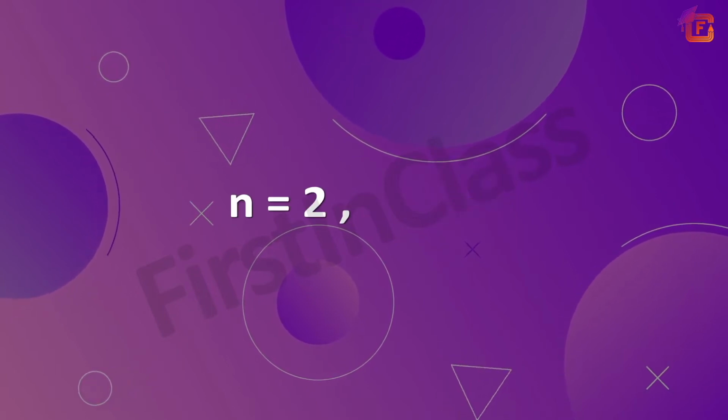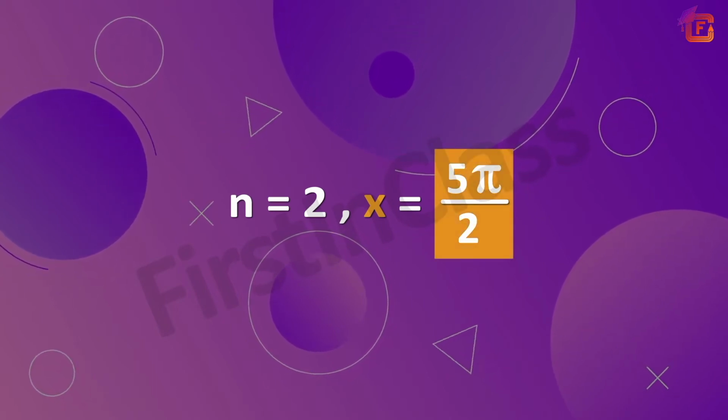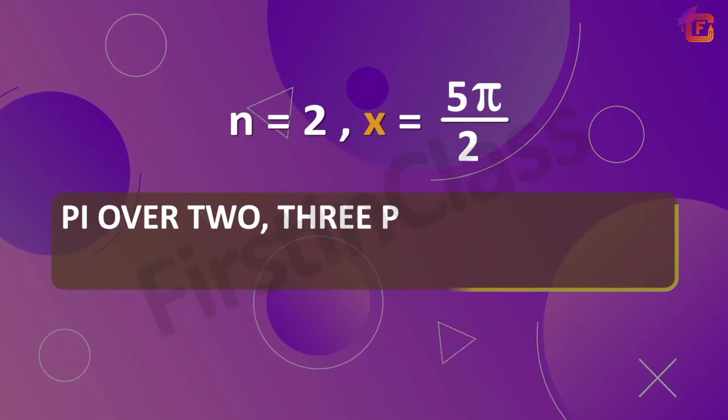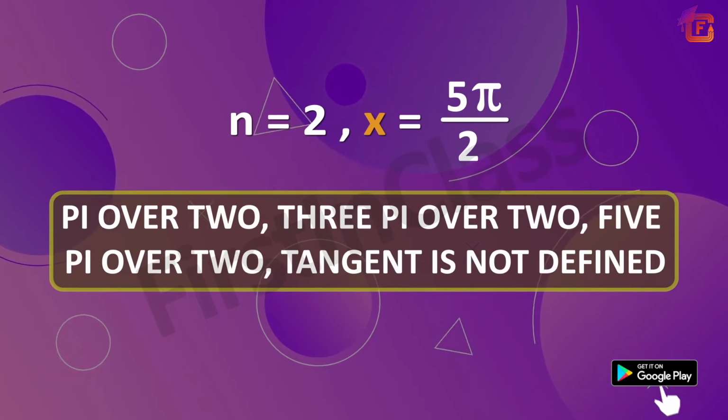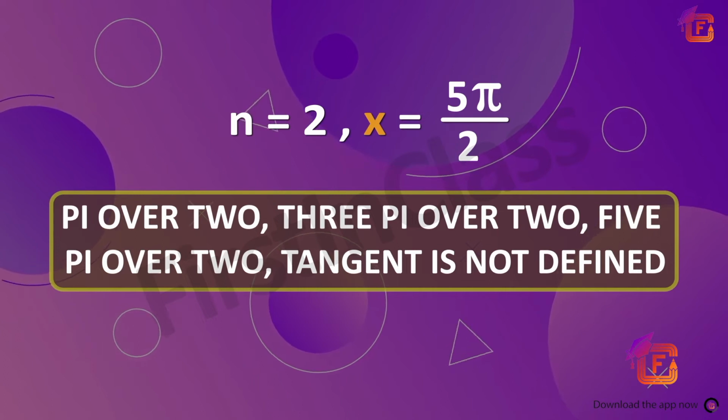Again, if we put n equals 2, x will be 5π/2. We know that for π/2, 3π/2, 5π/2, tangent is not defined. So the domain of tangent is any real number except such numbers. The range of tangent is any real number.